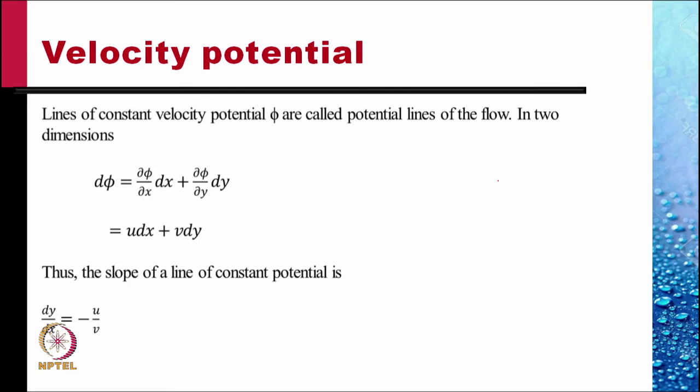Thus, the slope of a line of constant potential is dy by dx is equal to minus u by v, the negative of the x component of velocity divided by the y component of velocity.